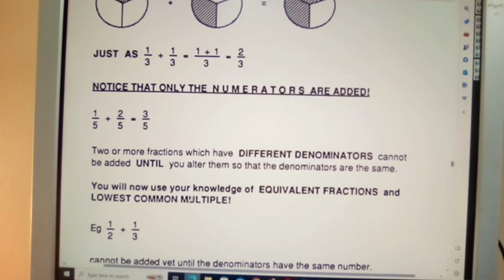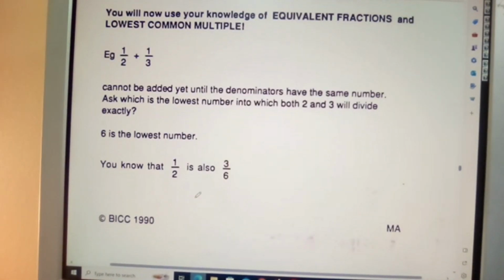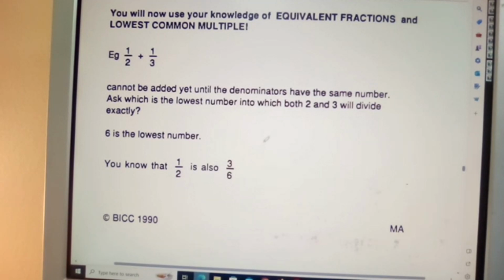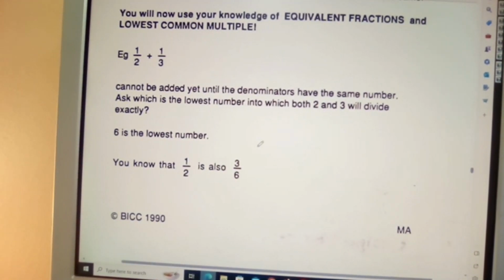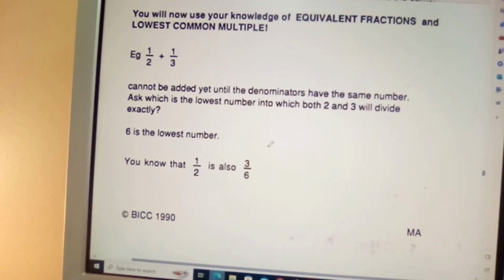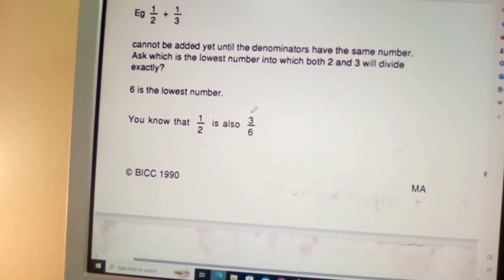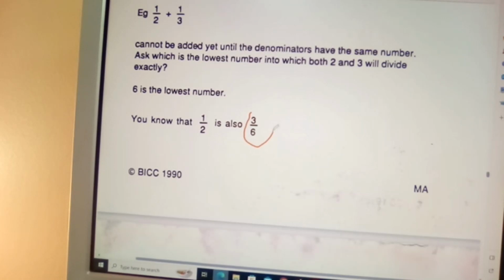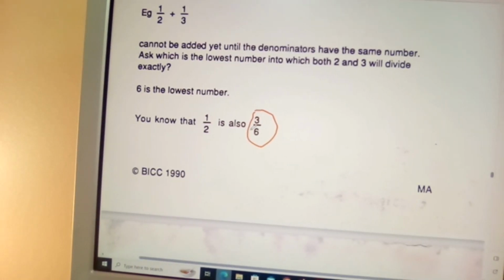Okay, then you have to do something else completely different. You have to find a common denominator that both denominators will go into. Okay, and here you find that denominator is actually 6.